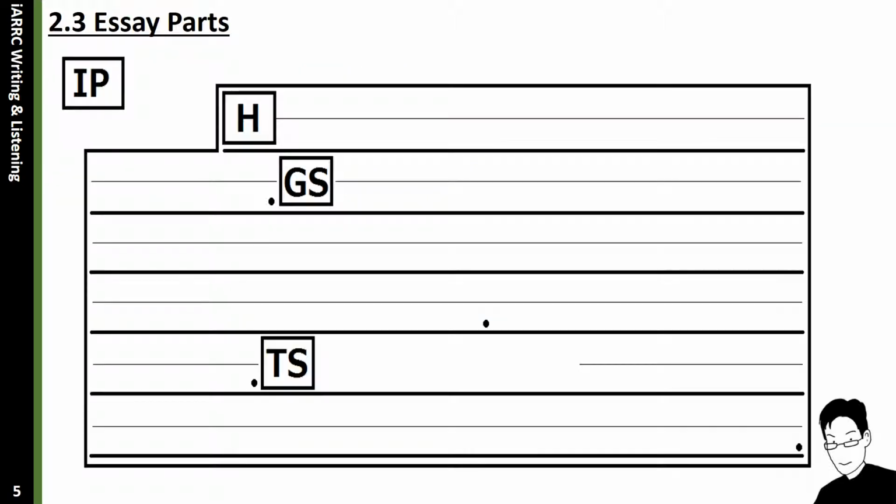So, the essay parts. Basically, looking here, we have a simple diagram of essay parts. This is the introduction paragraph. It is usually the first paragraph, in fact it's always the first paragraph, of an essay. In the introduction paragraph, it usually starts with a hook. This gets the reader's interest in the subject. Following the hook, there are general statements.